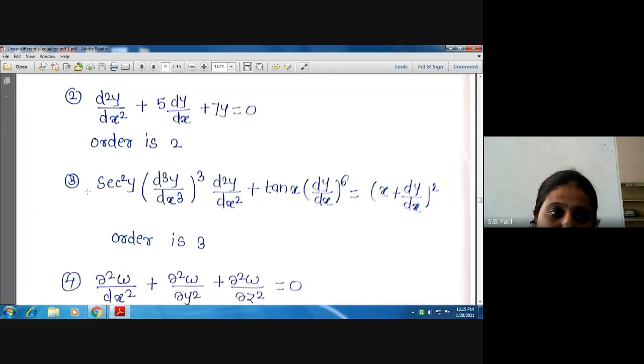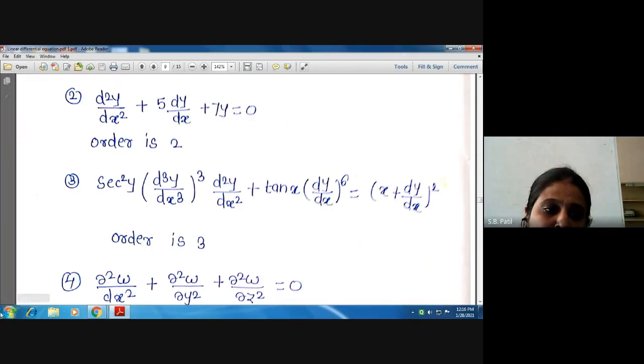Then the third example is sec square y into bracket d cube y by dx cube bracket complete raised to 3 into d square y by dx square plus tan x into bracket dy by dx raised to 6 is equal to x plus dy by dx bracket complete square.